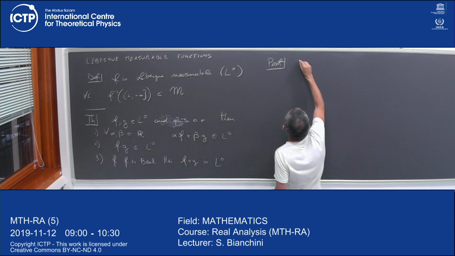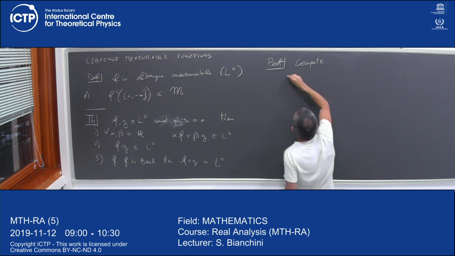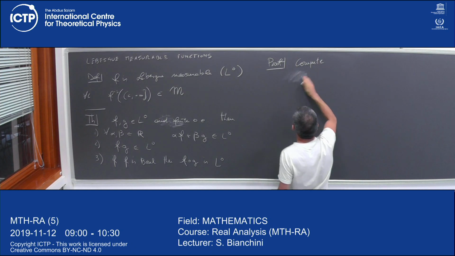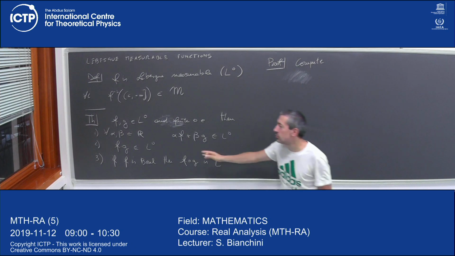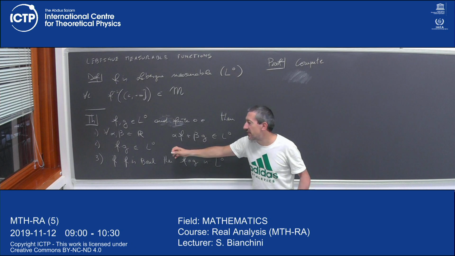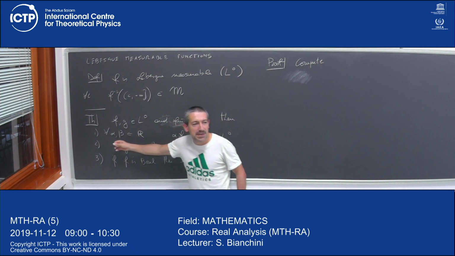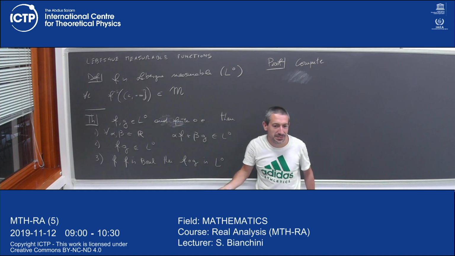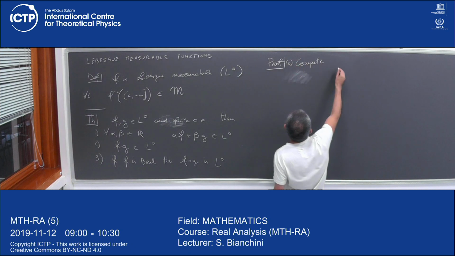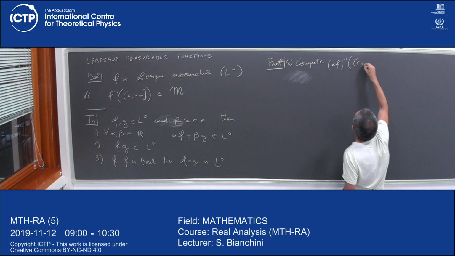Let's split it, because this is too much, and compute with an intermediate step. If f is measurable and alpha is a real number, then alpha f is measurable. So this is step 0: compute alpha f to the minus 1 of (c, plus infinity).